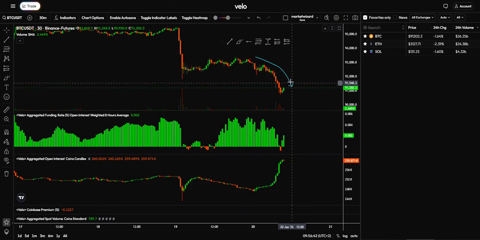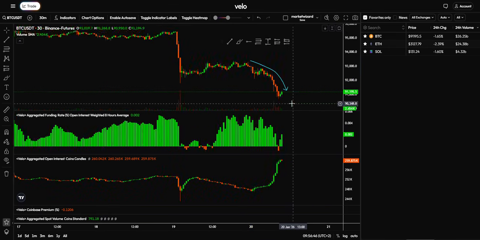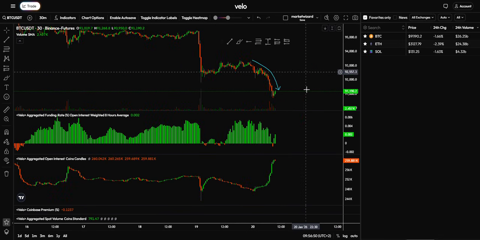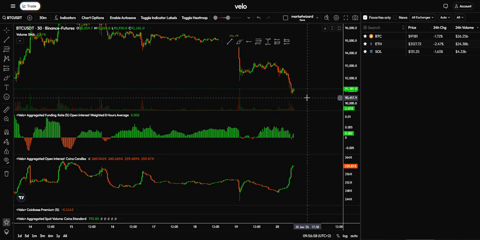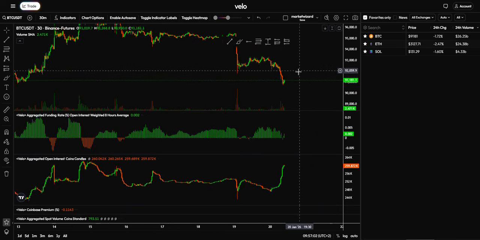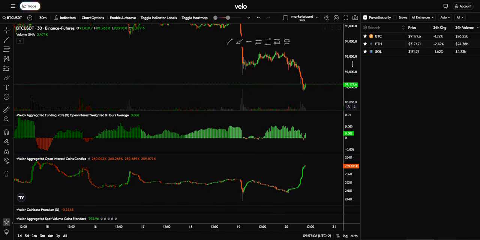So that was the main reason that I closed my shorts here, because I believe that late shorts will get punished before we go back to range lows at 80K. There is no free lunch here. Late shorts or late longs always get punished before the real move begins.